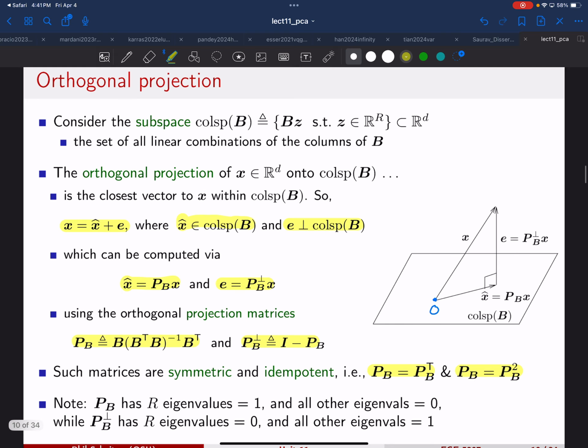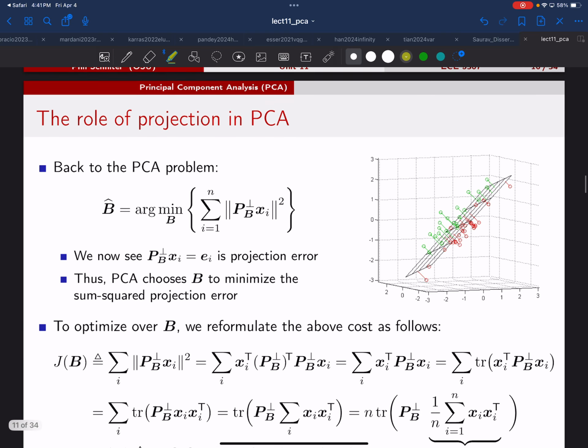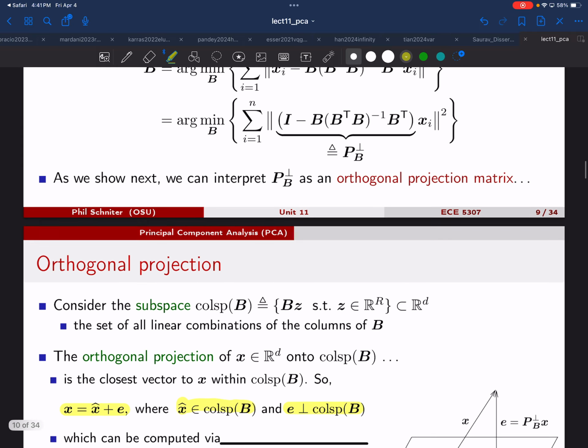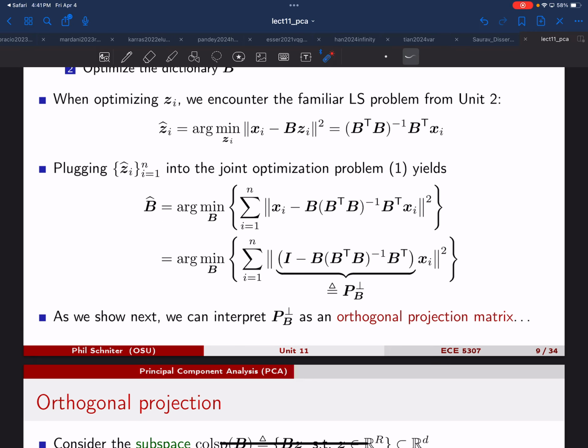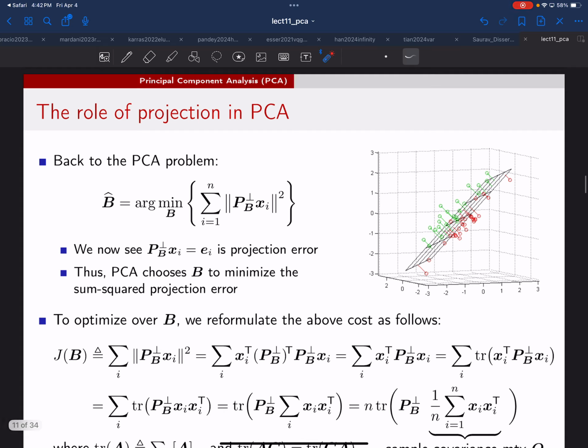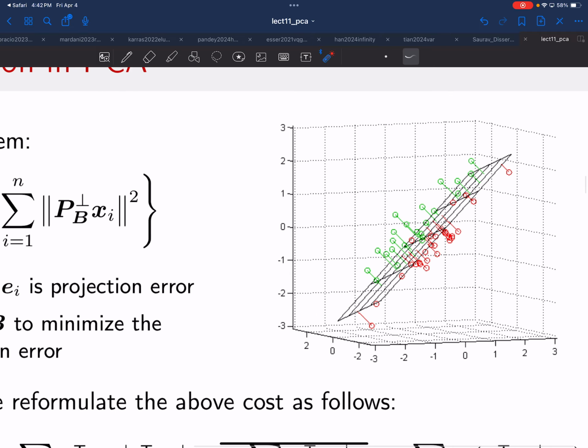Okay, is everybody good with this? Now when you think back to PCA and remember how we derived it and gave this a name, now we actually have a meaning too, so we can see what the cost is and understand it from this perspective. This PB perp times xi is just the error vector for the plane defined by B and the sample defined by i.